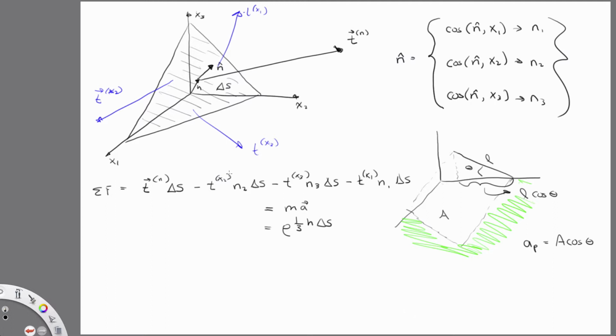Okay, so you can see immediately that every term has a delta S in it, so we can cancel those. And if you remember when we pulled out the cube from the body on the previous slide, we said it was an infinitesimal cube, infinitesimally small.